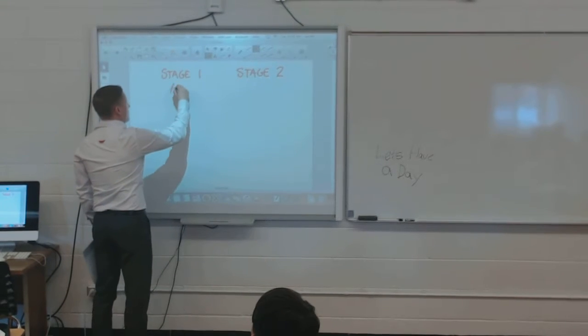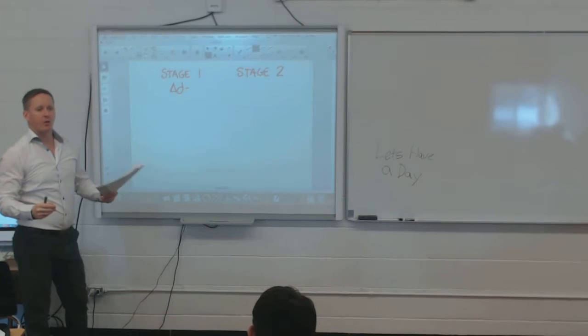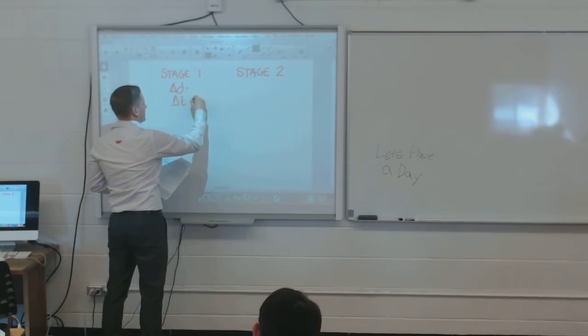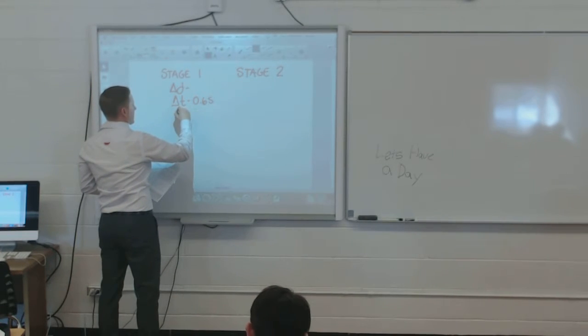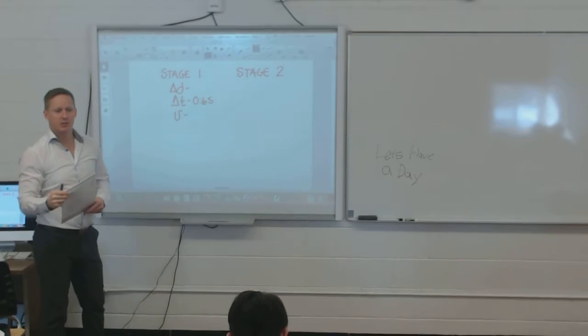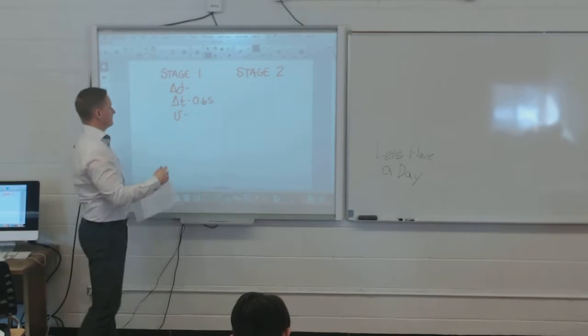So, in stage 1, I need to find out what my distance is that I traveled before I hit the brake. My time of reaction is 0.6 seconds. And my velocity is 72 kilometers an hour, which is how many meters per second? 20.